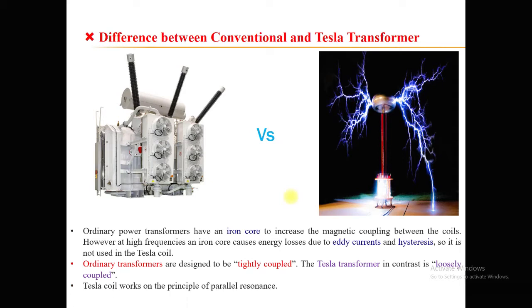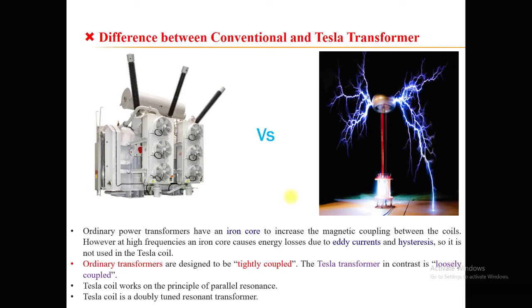The Tesla coil works on the principle of parallel resonance. So we will see how this resonance condition is achieved in the Tesla transformer. The Tesla coil is known as a doubly tuned resonant transformer, as it operates on the principle of parallel resonance.